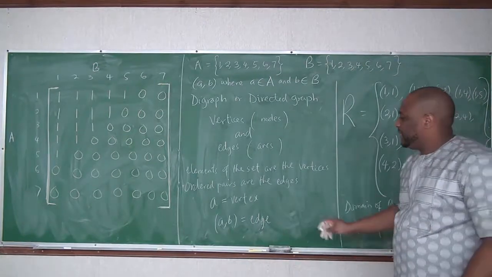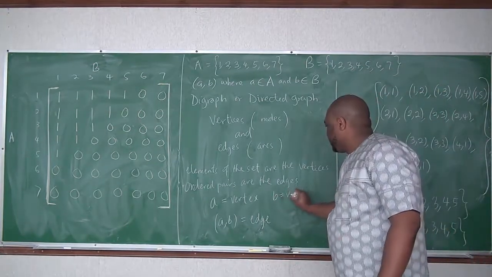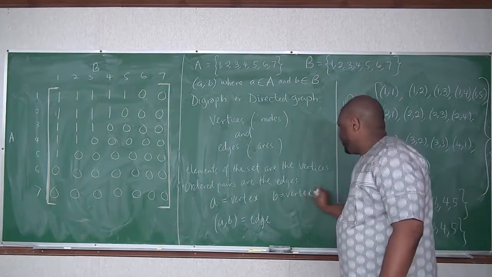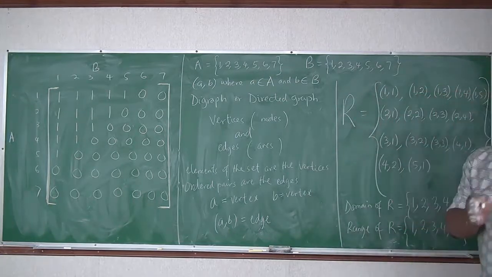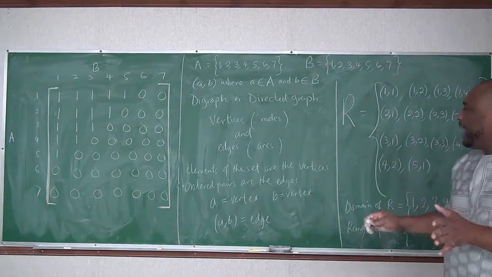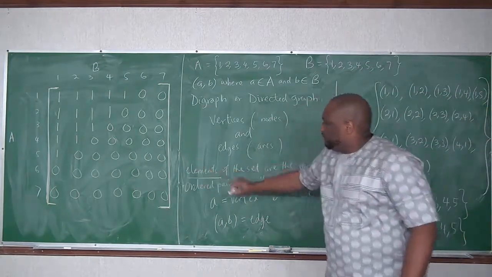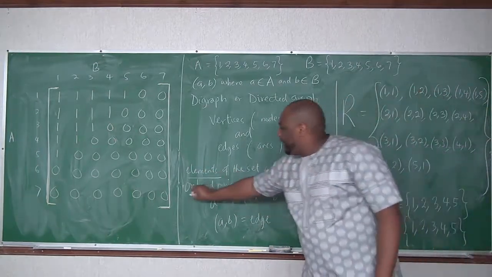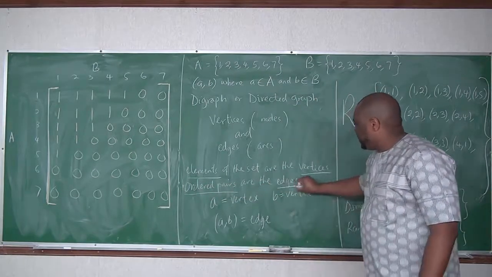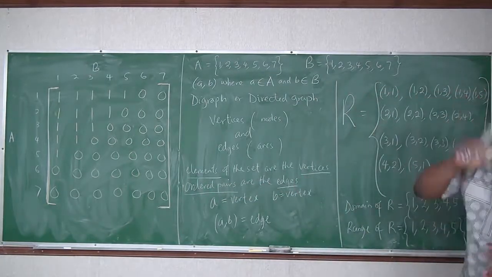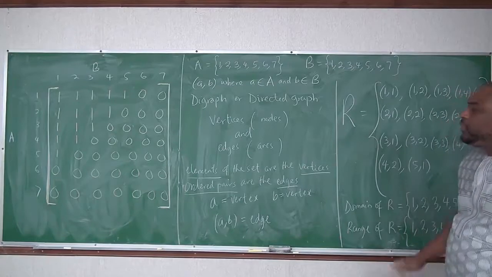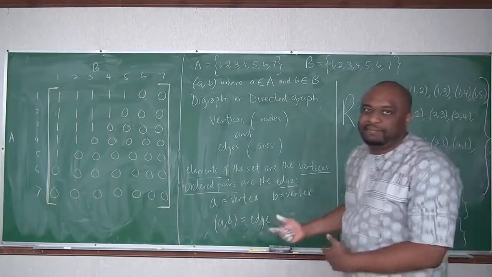A is a vertex, B is a vertex. The elements themselves are the vertices. Then the other pairs are the edges. So you see here, A is a vertex, B is a vertex.